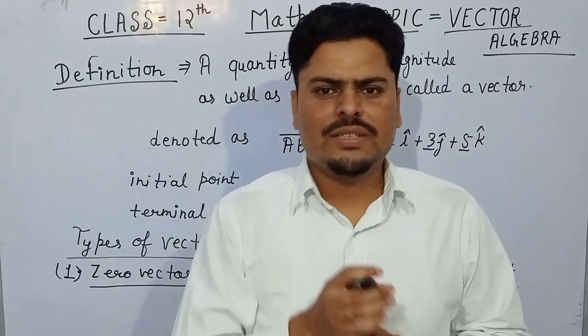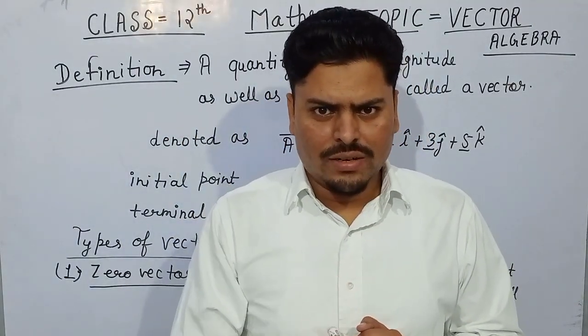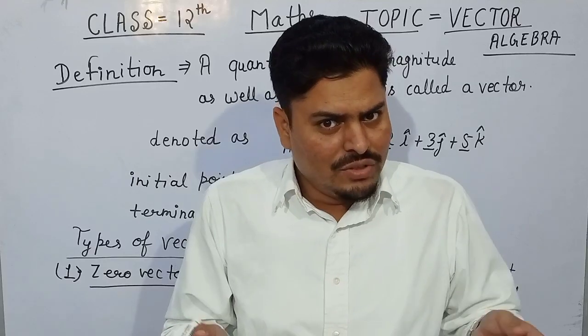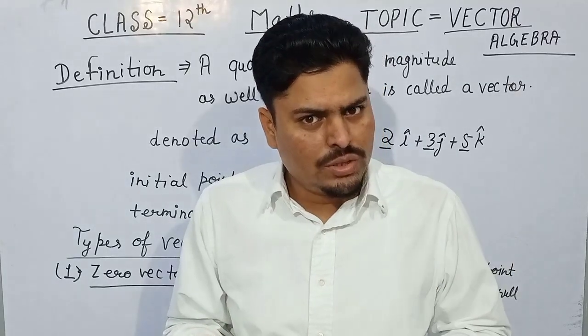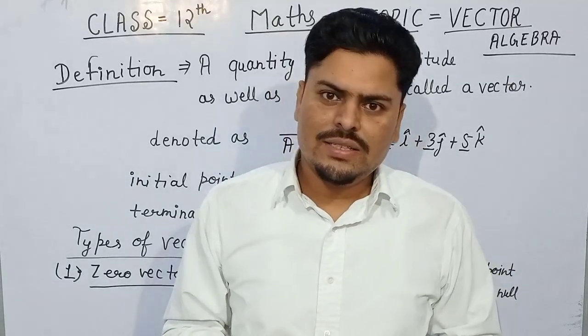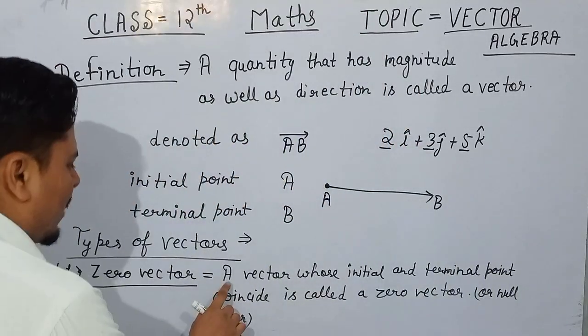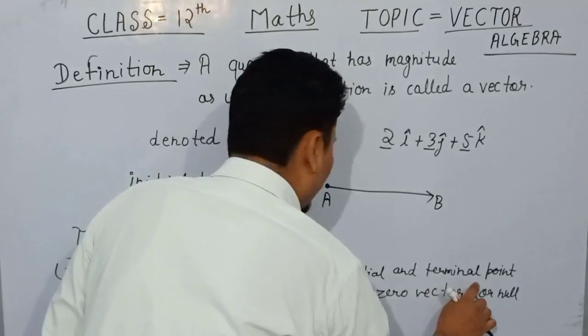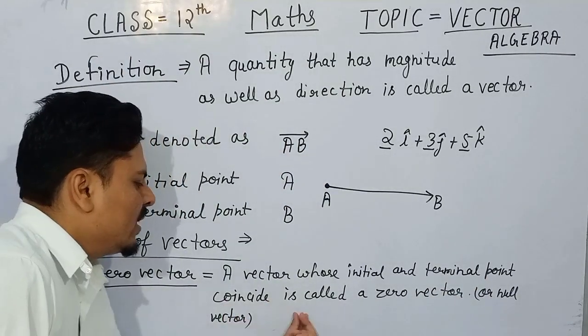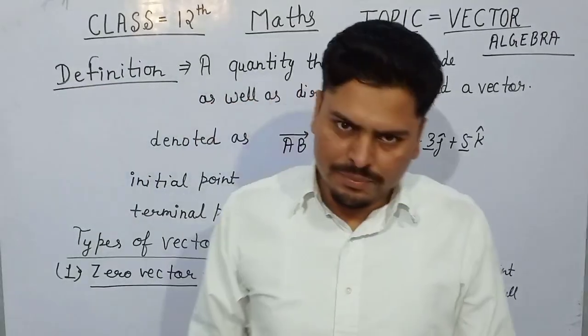The first type is the zero vector. In a zero vector, the magnitude is zero. It is also called a null vector. Definition: a vector whose initial and terminating points coincide is called the zero vector.